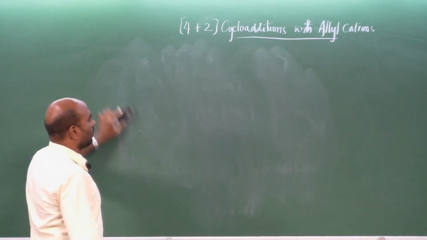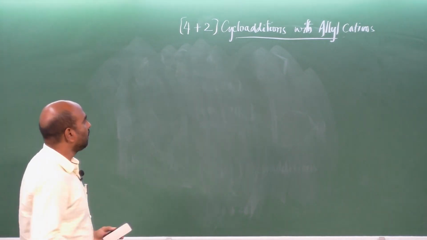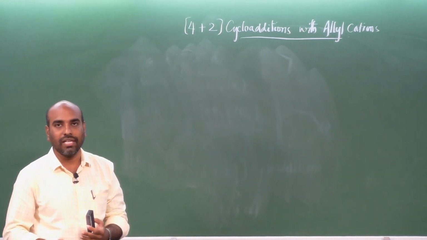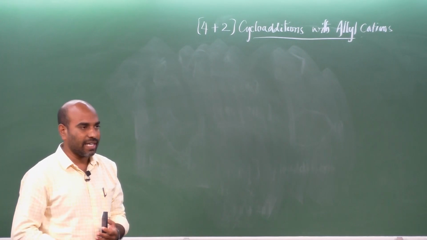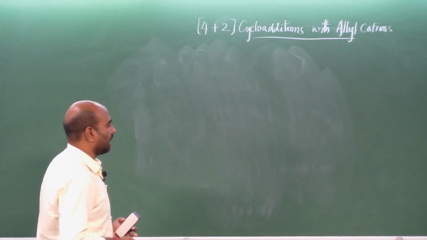So, let us see some more examples so that we will get a better idea of this kind of cycloaddition reaction, based on the participation of allyl cations, pentadienyl cations, or oxyallyl cations.